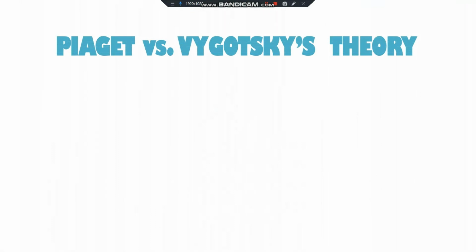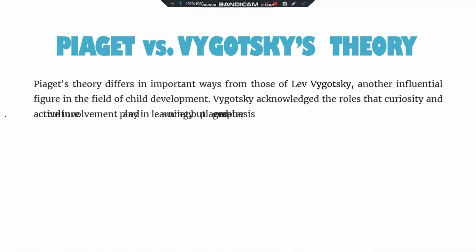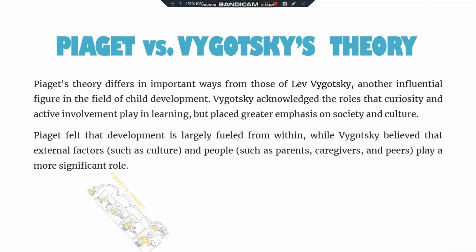So now we will try to differentiate Piaget and Vygotsky's theory. Piaget's theory differs in important ways from those of Lev Vygotsky, another influential figure in the field of child development. Vygotsky acknowledged the roles that curiosity and active involvement play in learning, but placed greater emphasis on society and culture.